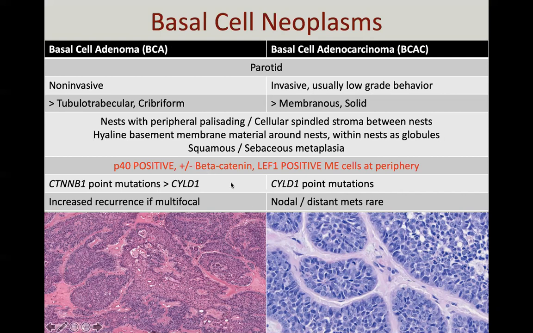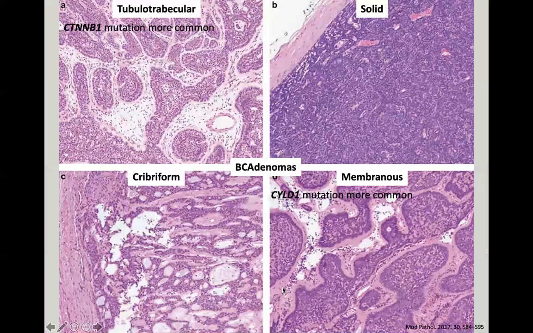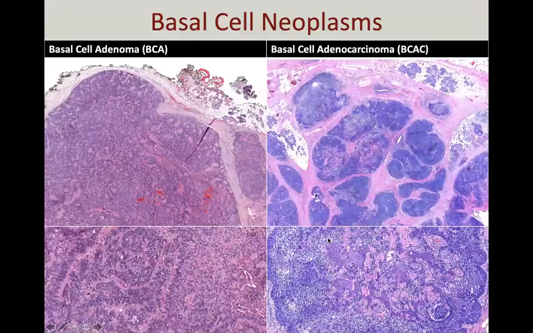They do have those P40 positive, sometimes beta-catenin positive cells at the periphery. The architecture can vary from tubulotrabecular to solid to cribriform to membranous. Membranous is the one that you can see here recapitulates the cylindromas of skin with, again, jigsaw puzzle basement membrane material, but all of these other patterns are possible in basal cell neoplasms.